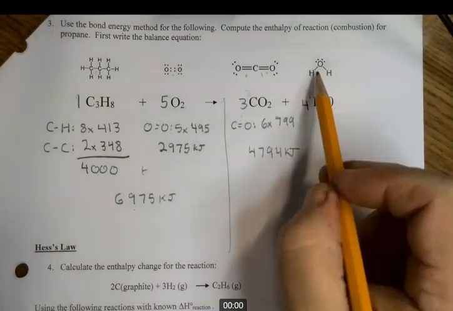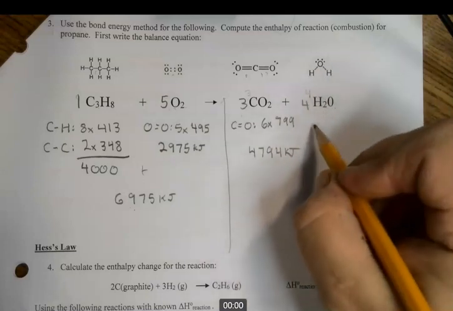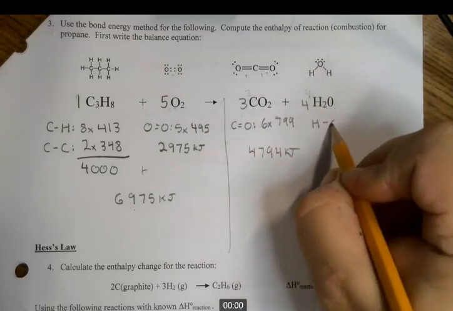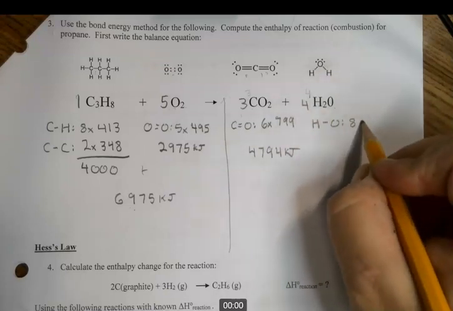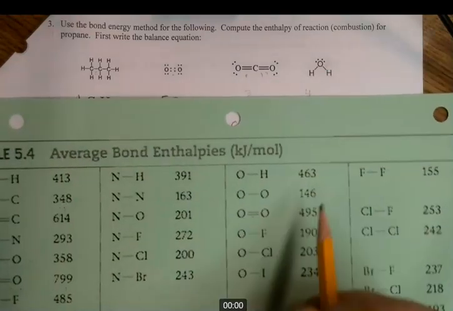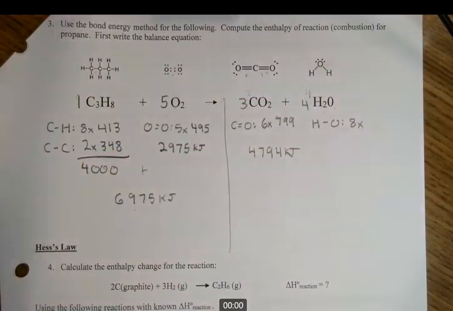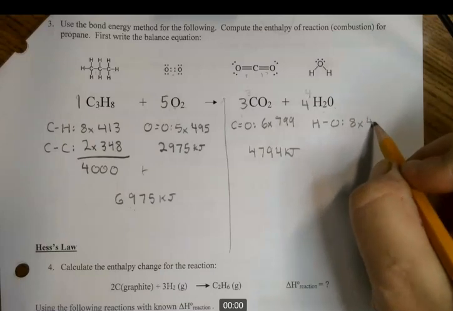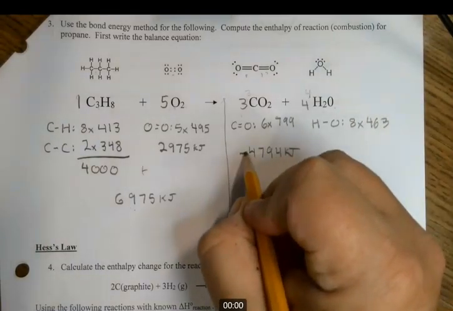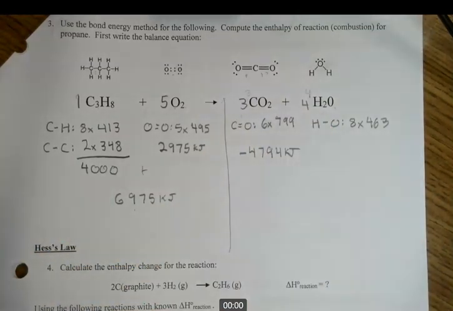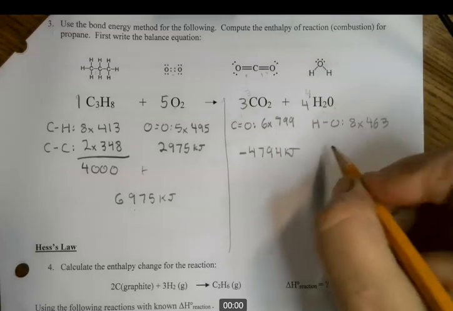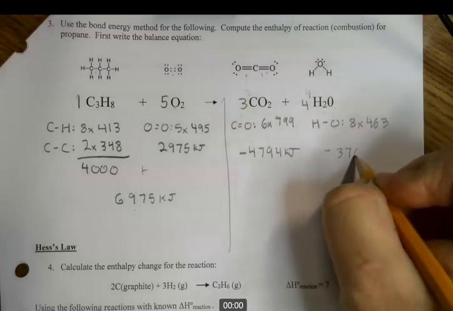And finally, for water, we have 2 hydrogen oxygen bonds in each molecule. We have 4 molecules, so that's 8 times, and the hydrogen oxygen is a 463. Again, that should be a negative there because it's energy coming out as these compounds are put back together. Okay, and that's going to be negative 3704.